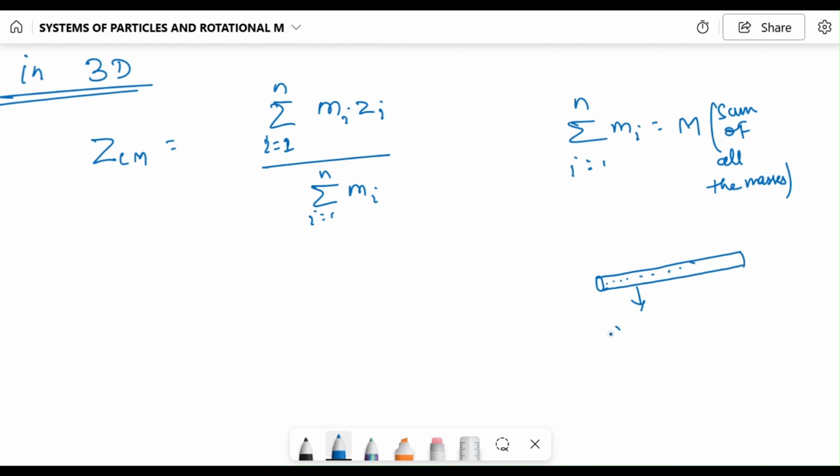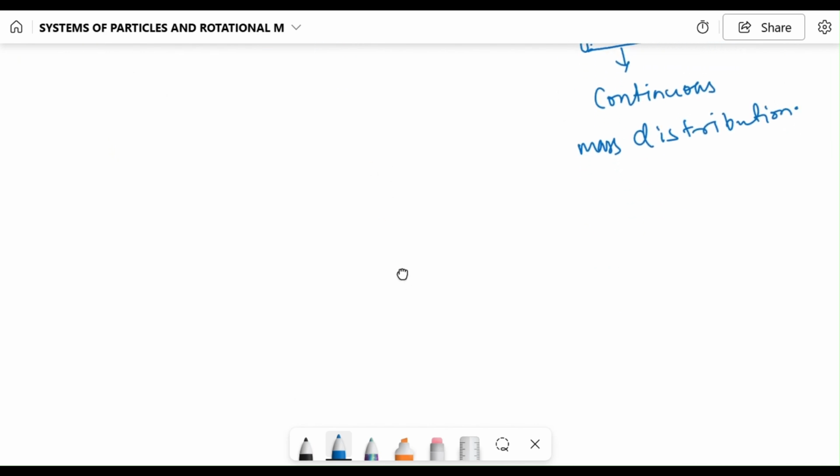This is a continuous mass distribution. So what will be our approach to find the center of mass in this case? Let's move ahead and try to find out.